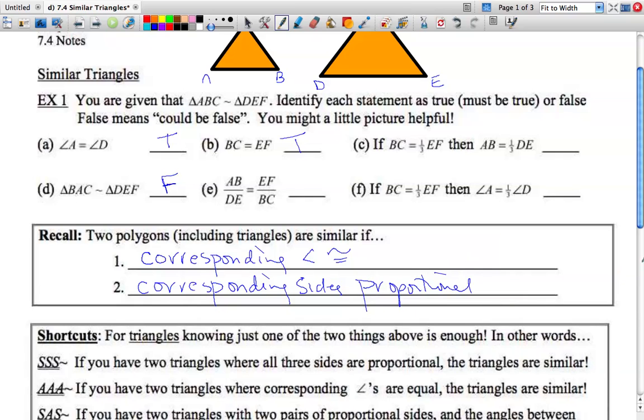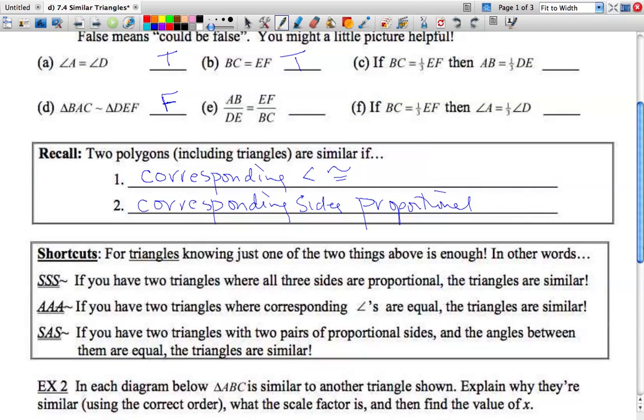From the investigation that you did when you cut out the sides of triangles, you found a few things. For triangles, only triangles, which are part of the family of polygons, knowing just one of the two things is enough.